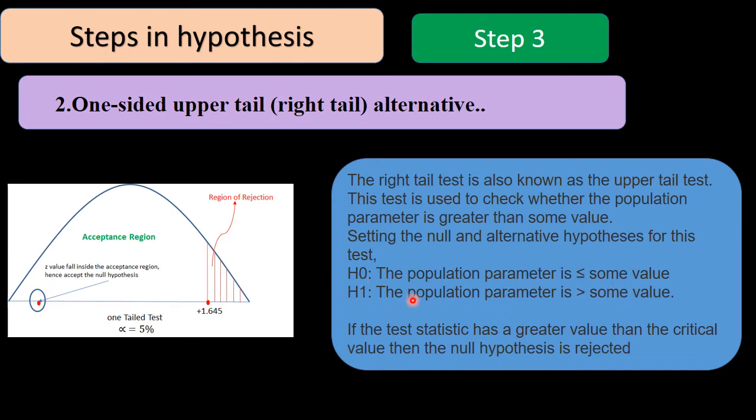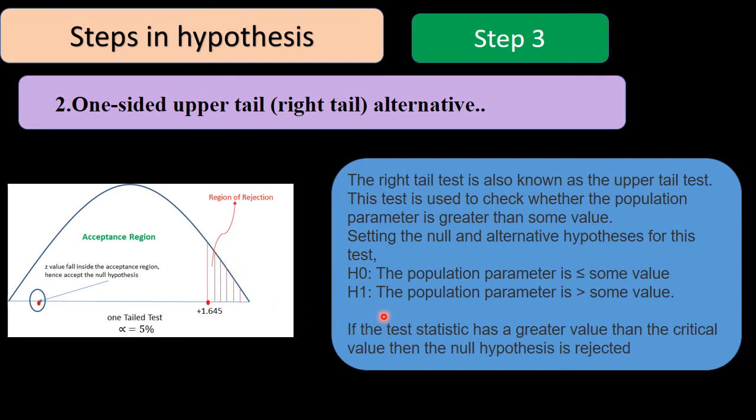Then we can set the null hypothesis, which is the opposite of the alternative hypothesis: the population parameter is less than or equal to the given value. Then if the test statistic has a greater value than the critical value of plus 1.645, what is the meaning?